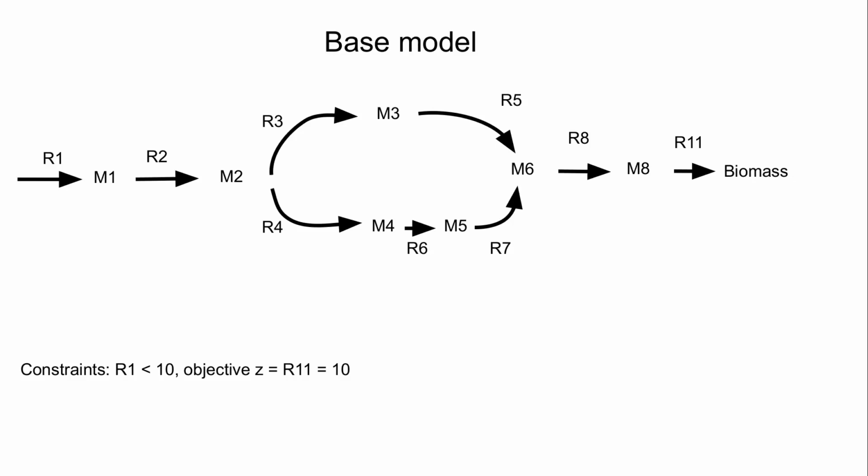So, from a simple visual perspective, in the simplest case, the main scenarios that indicate synthetic lethality between genes have to do with whether they're parallel or sequential, and if they're in the same pathway. Sometimes reactions will be entirely independent from each other, and you might not see any effect.